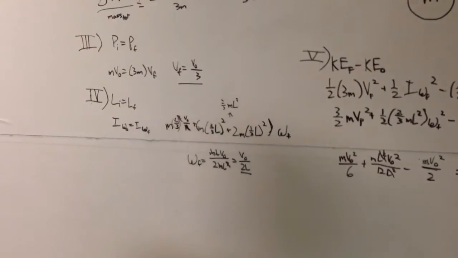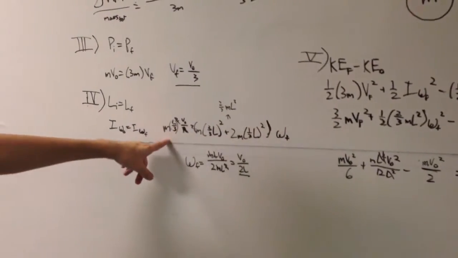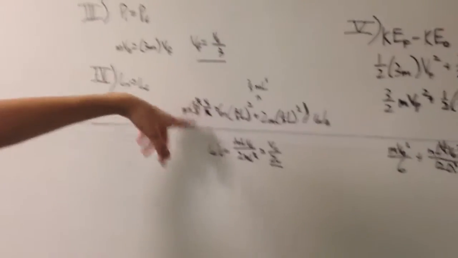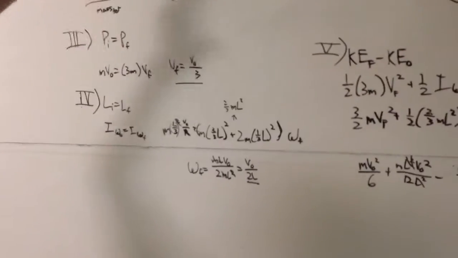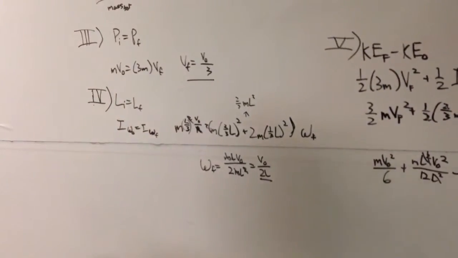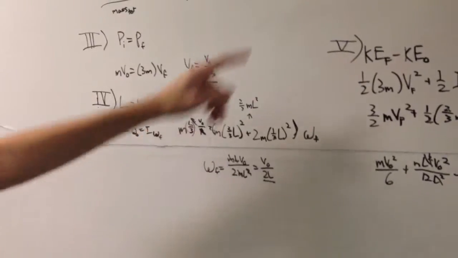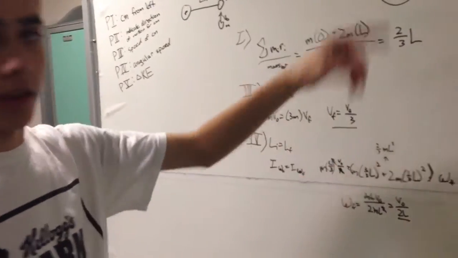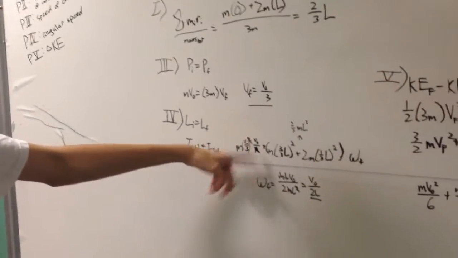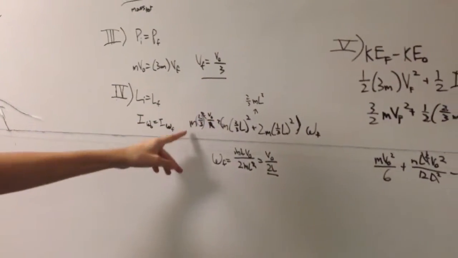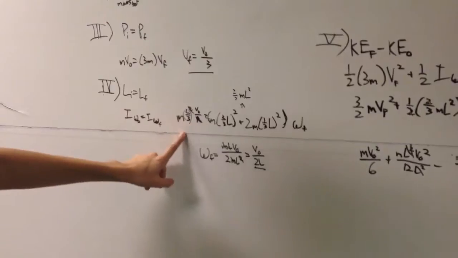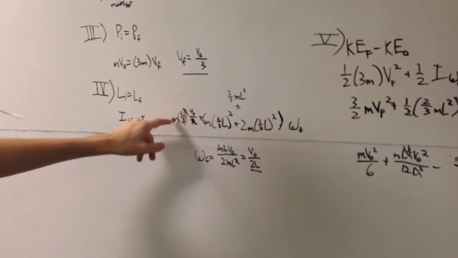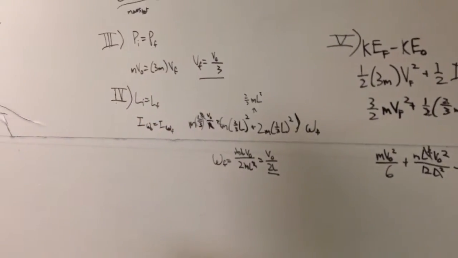I omega initial is m times the r, length from the side, which is L over 3 squared, times the initial velocity, v sub o, over r, L over 3. The r cancels out the squared, so the initial momentum is m L v sub o over 3.